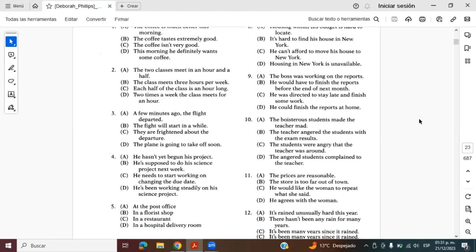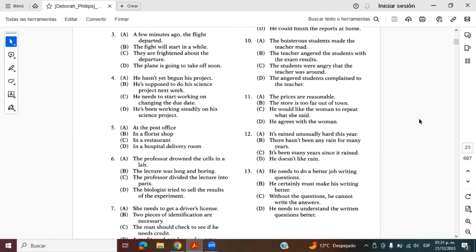Number 12. I don't like this weather very much. We haven't seen rain like this for many years. What does the man mean? Number 13. Professor Martin, what do you think of the composition that I turned in last week? Without question, you need to improve the quality of your writing. What does Professor Martin say about the student?